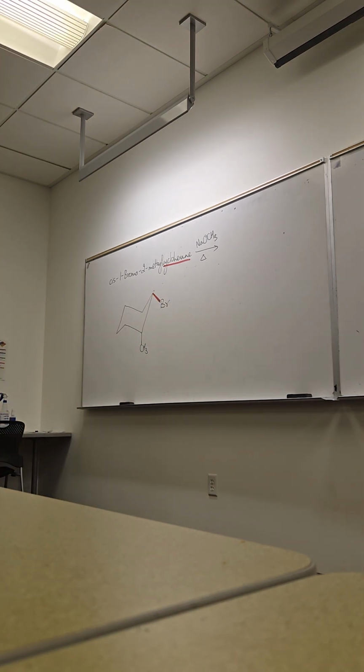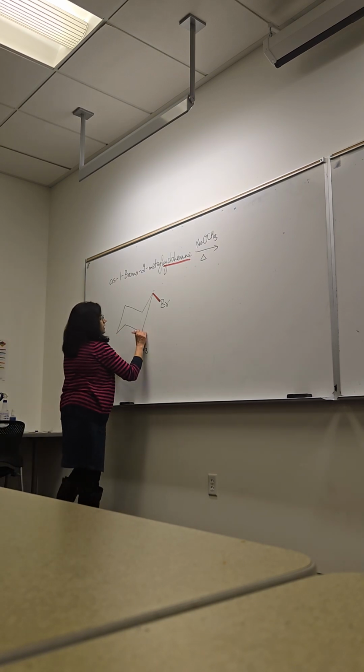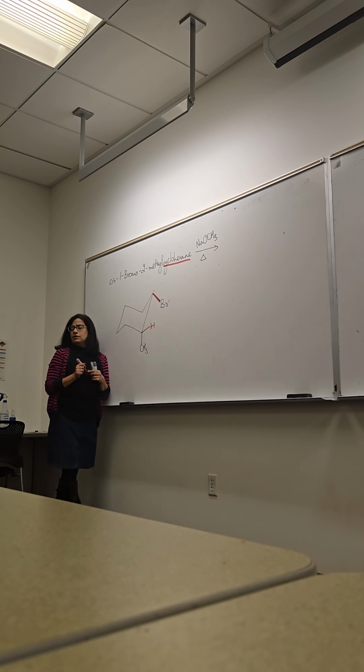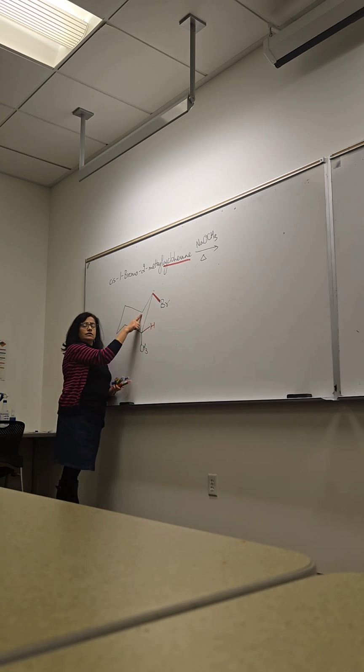If you look at a beta carbon, is there a hydrogen that is anti with respect to that? 180 degrees it has to be. Is this 180 degrees with that? No. Does this beta carbon have hydrogens?